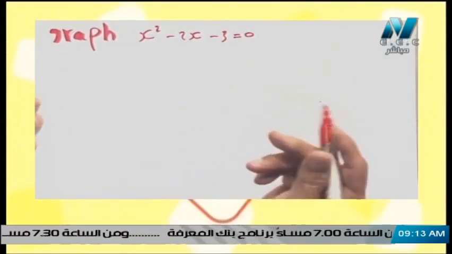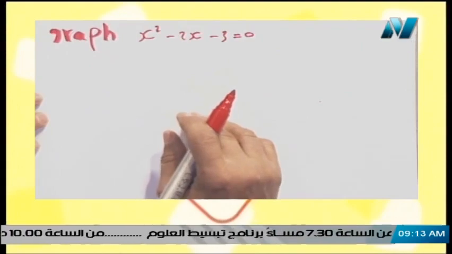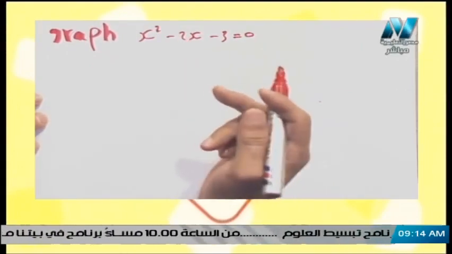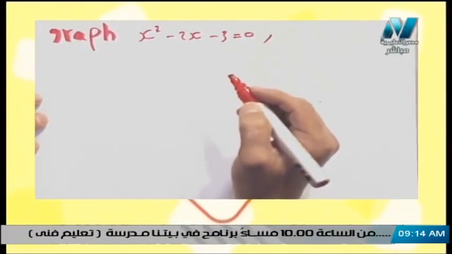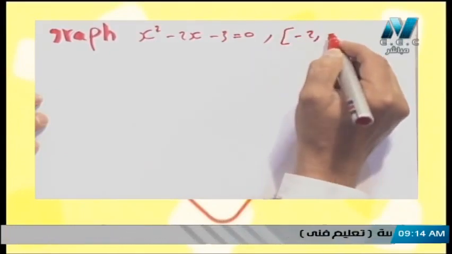First, we have to find a table. The interval we use is from −2 to 4.